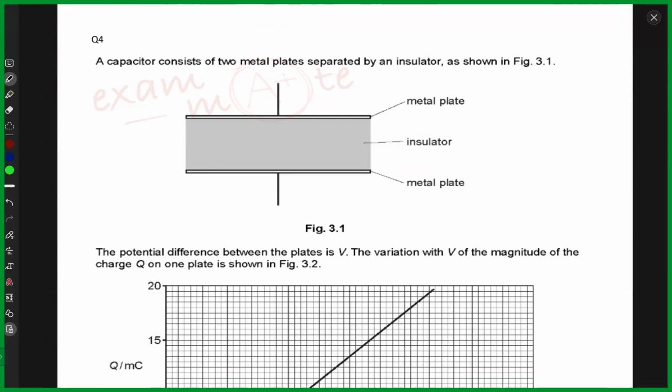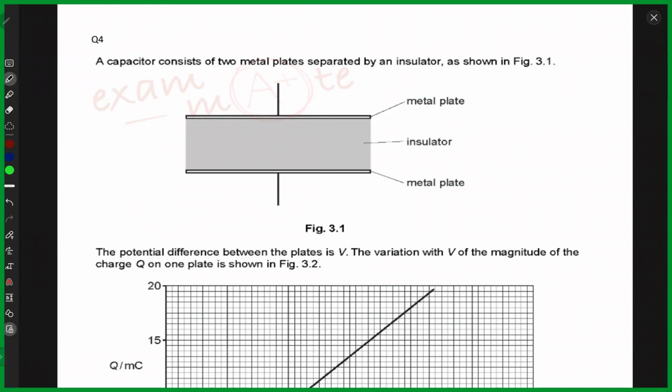All right. Okay. So next we have question number 4, and here a capacitor consists of two metal plates separated by an insulator, as shown in this figure. We see that this is a capacitor. Both are metal plates, and the insulator is sitting inside these plates.